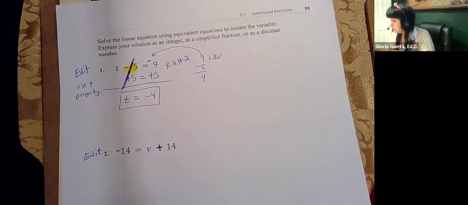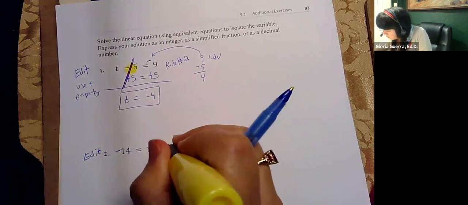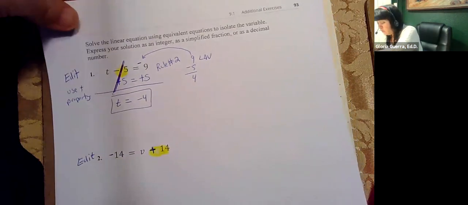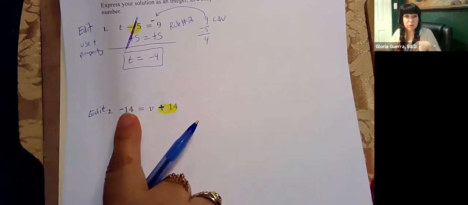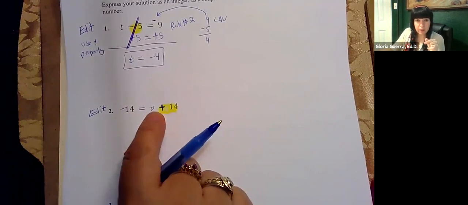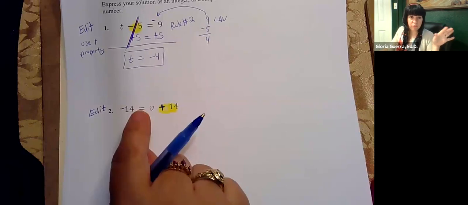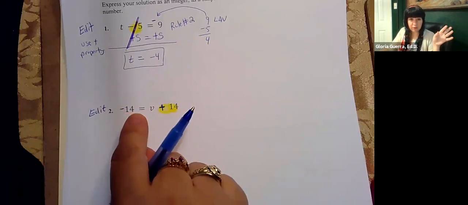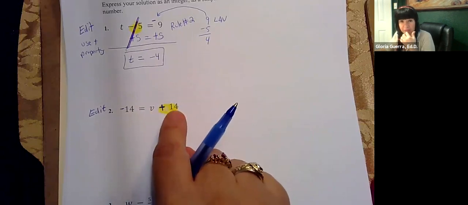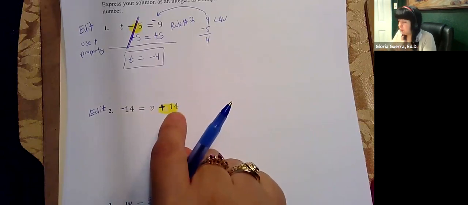So here you want to solve for V, and the term I would move and use properties on would be the +14. I would move the +14 as opposed to this one, because this is actually closer to V. This makes it farther away from V because it has to cross the equal sign. So this is closest to V. So I want to move that one.